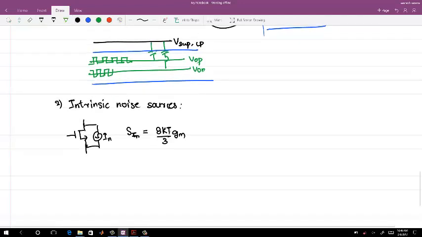And the other noise source is a basic resistor. You can model this as a current source or a voltage source, that depends. If this is R, then the current source noise spectral density is 4kT by R, where k is the Boltzmann constant.